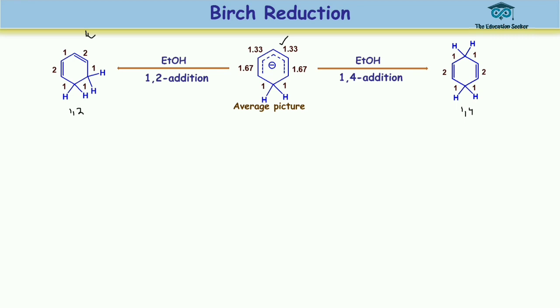Now we will calculate the change in bond order on going from the average structure to the 1,2 addition product and the 1,4 addition product one by one.